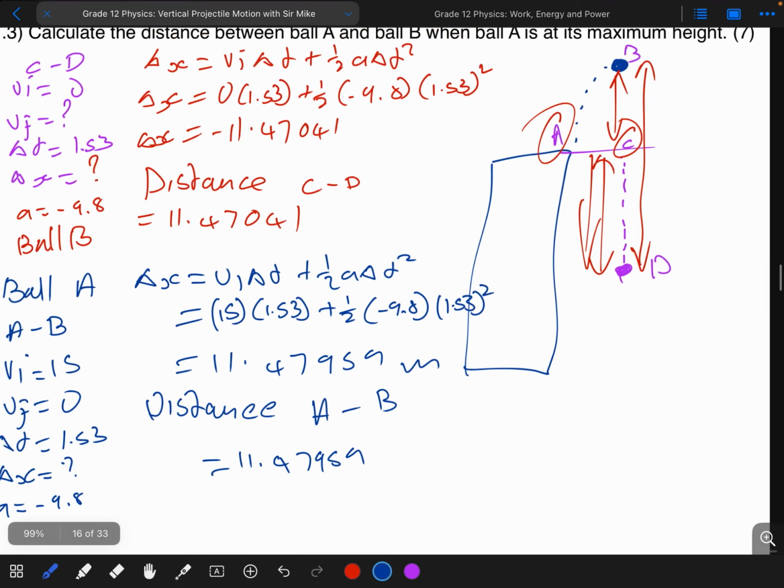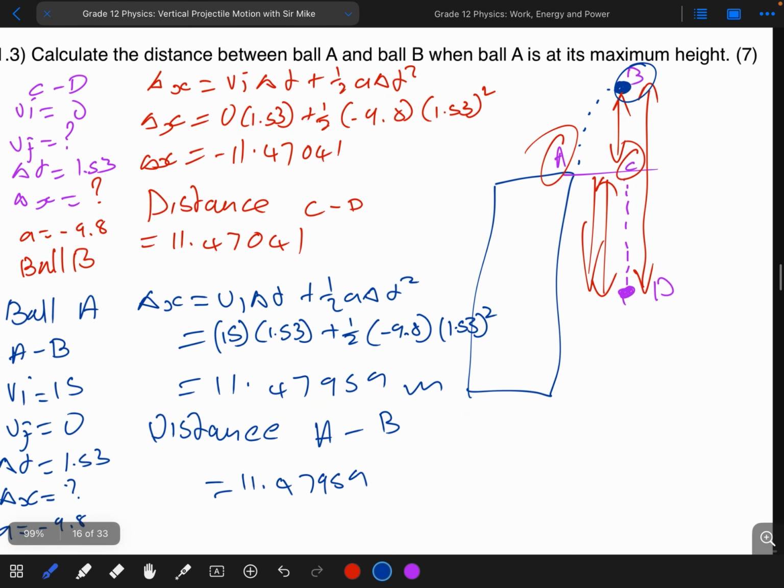So the distance between those two points will simply be equal to that distance, which would be that plus this one.